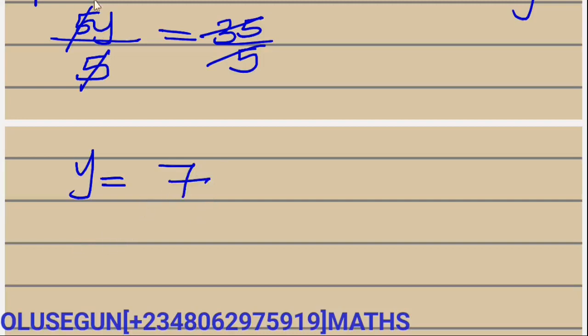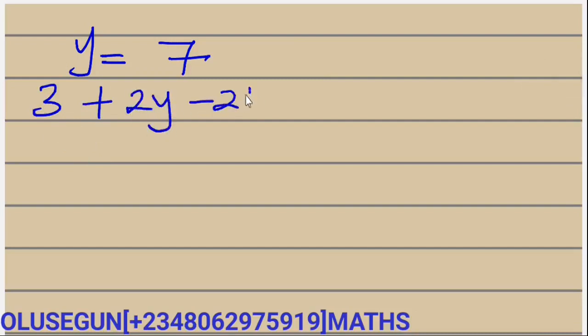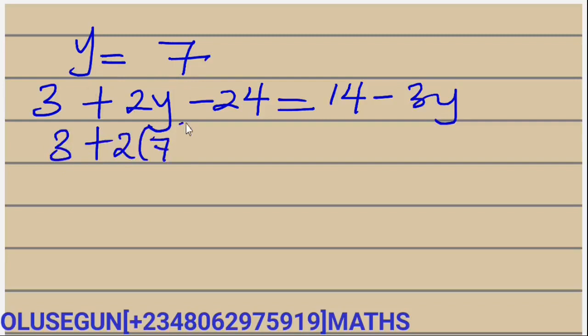But you can still do something to cross-check your answer, because the question says 3 plus 2y minus 24 is equal to 14 minus 3y. So let's put the value of y in it. We have 3 plus 2 times 7 minus 24, and on the other side 14 minus 3 times 7.